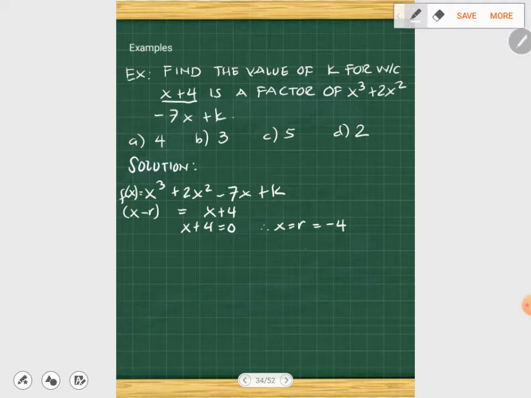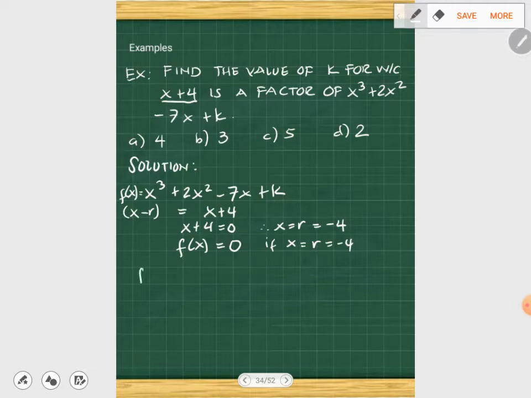So, kung totoong factor to, di ba? Kung totoong factor yan, so dapat yung function of x natin must be equal to 0, if x equals r equals negative 4. Kung factor niya talaga yan. No? So, try natin i-substitute.